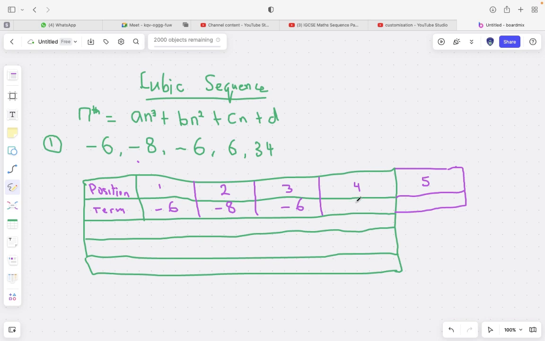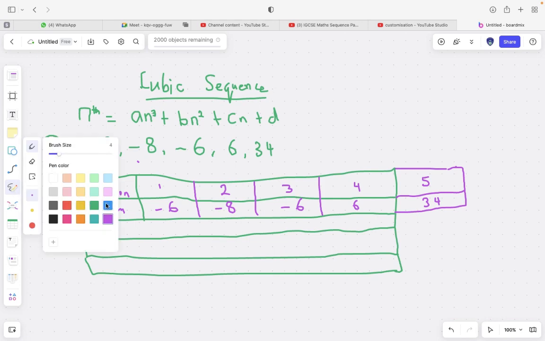Then the fourth term is 6, and then the fifth term is 34. Okay, so now we want to start the first task. We can easily make a table from here, right? Now we want to start the first task.